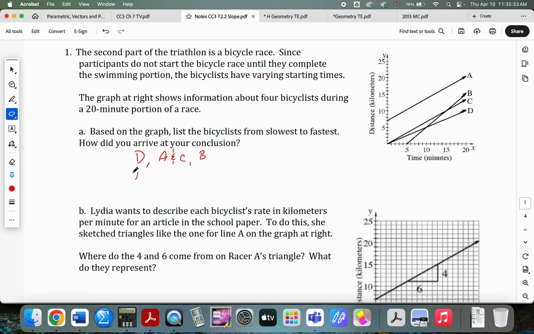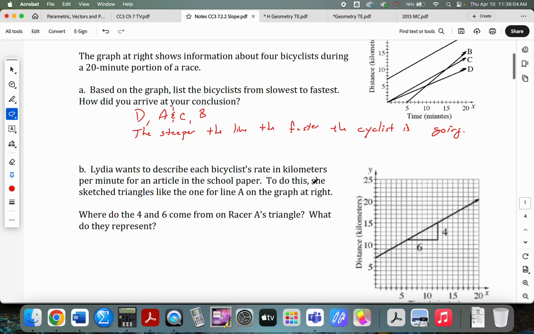So here, the steeper the line, the faster the cyclist is going.